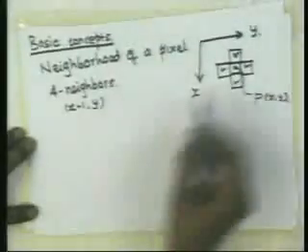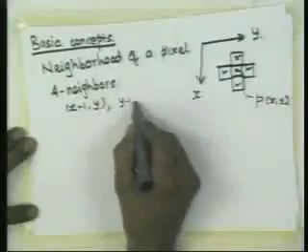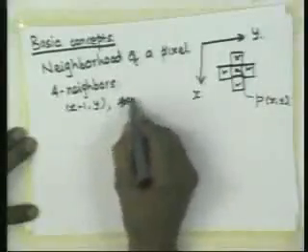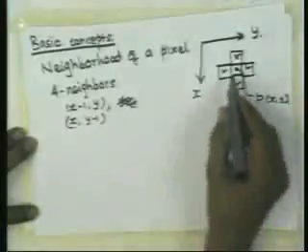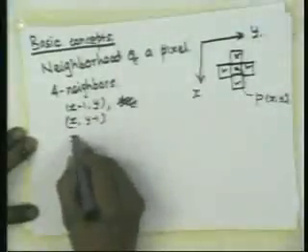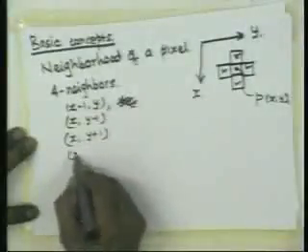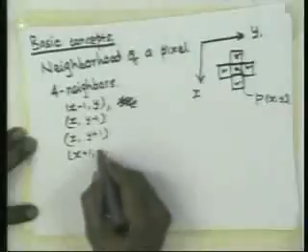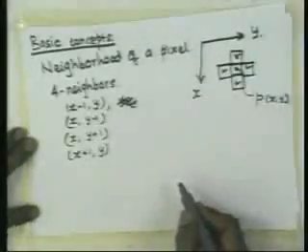Then I have x and y minus 1, then x and y plus 1, and x plus 1 and y, which is this one. So these are the 4 neighbors.